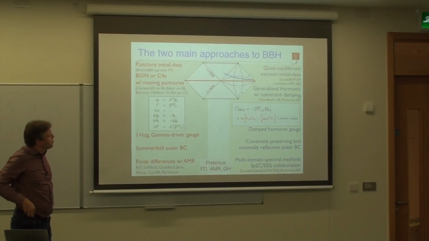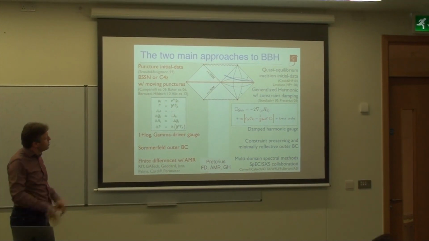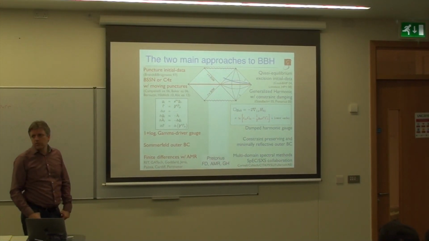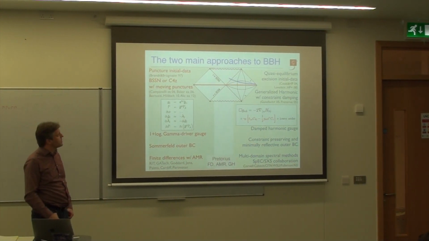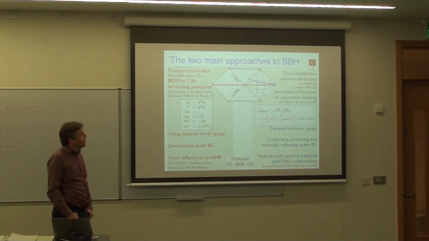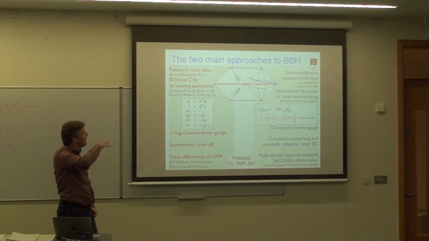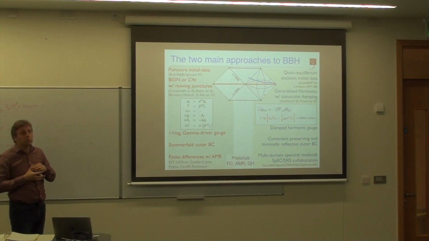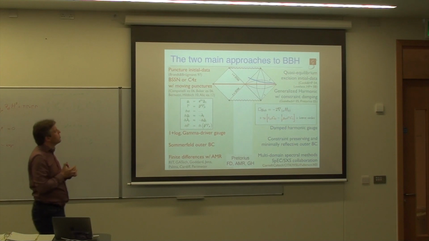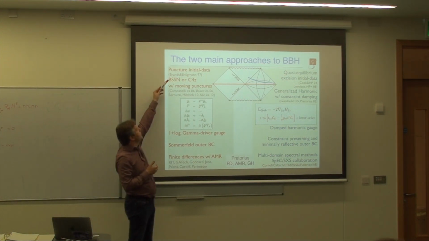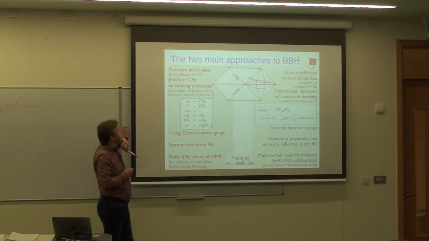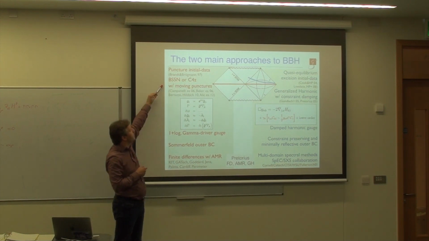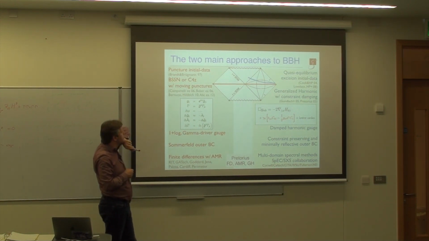Here's an overview of the 2 different techniques that are currently used to solve Einstein's equations. And remarkably enough, they are nearly completely orthogonal to each other, and there's almost no overlap. So the puncture initial data works very well together with the BSSN equations with moving punctures.